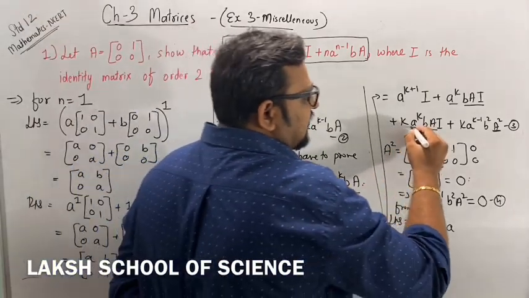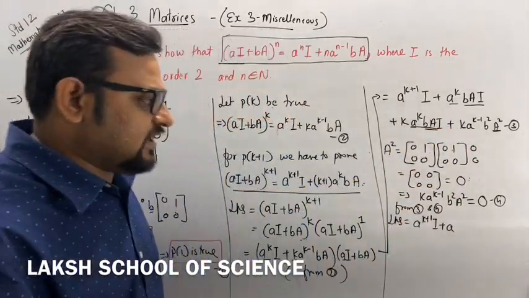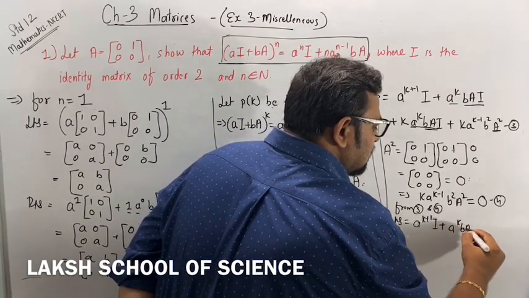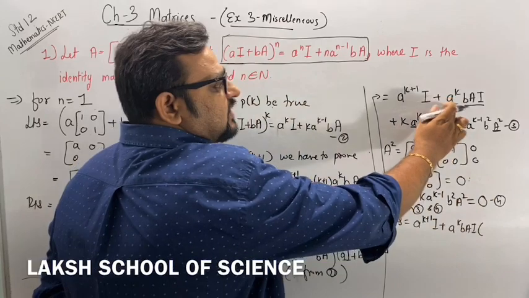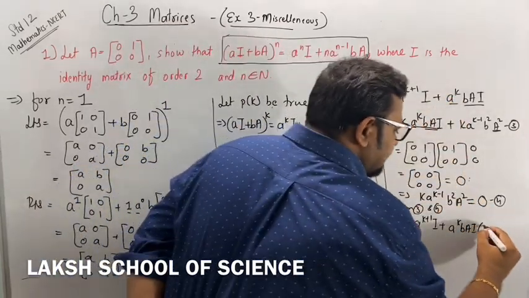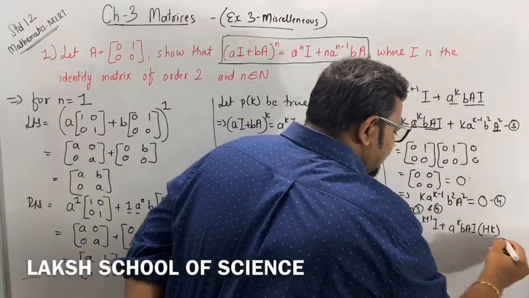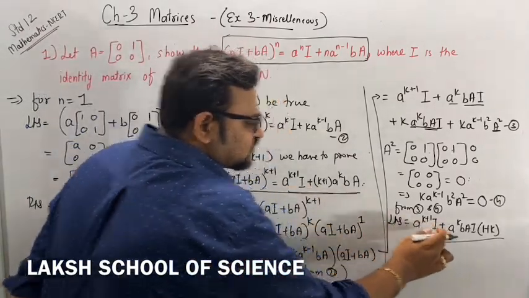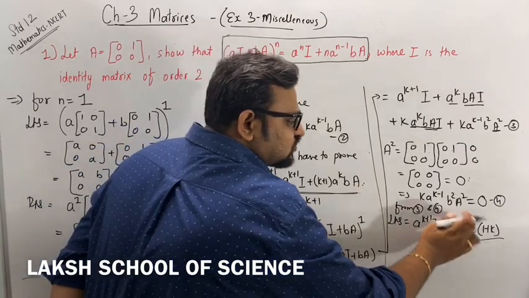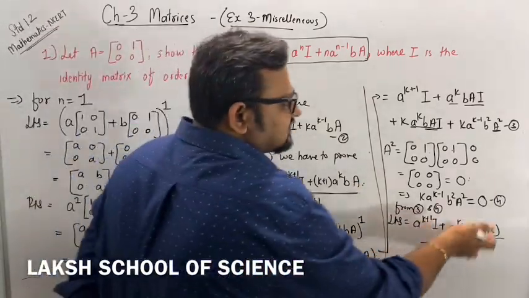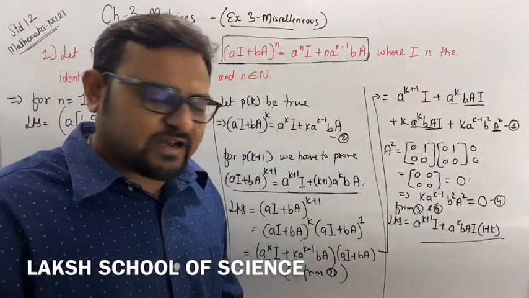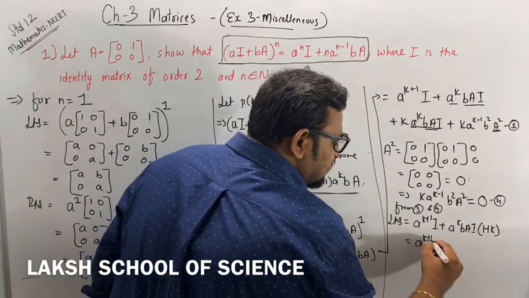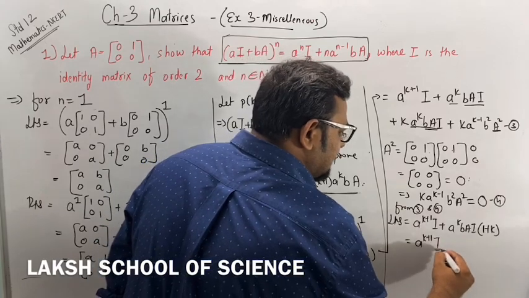So A raised to K BAI, if I take common, then what I will get here is 1 plus K. Now what is this? See, A raised to K plus 1 I, A raised to K plus 1 I, A raised to K B, A raised to K B, AI. I means if I write it down or not write it down, it will be same, or I can rearrange it A raised to K plus 1 I.